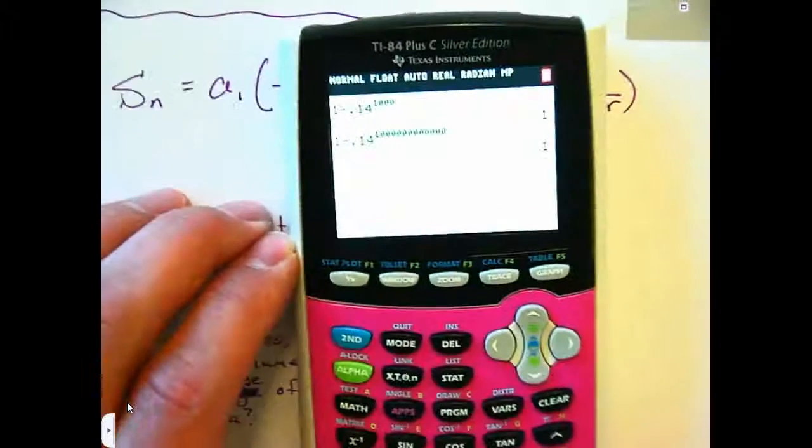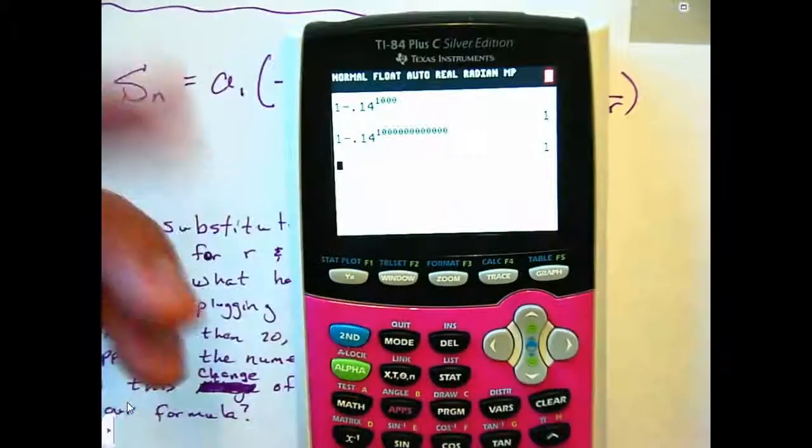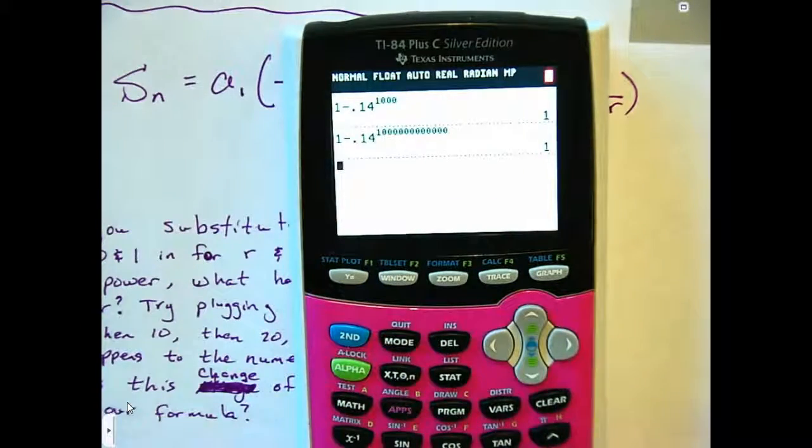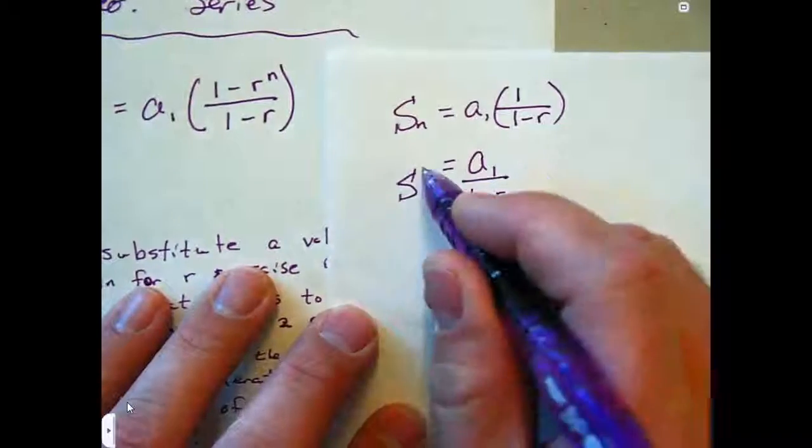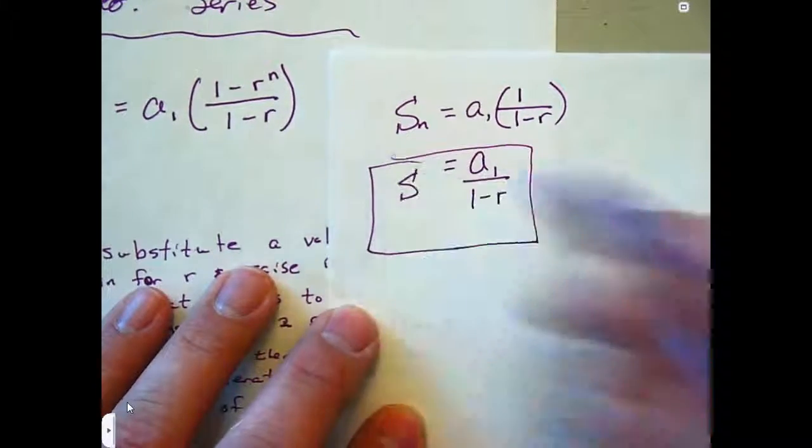You can keep adding to n, and you're going to get a 1 on top. That means you have a formula right here for that sum that you could actually come up with.